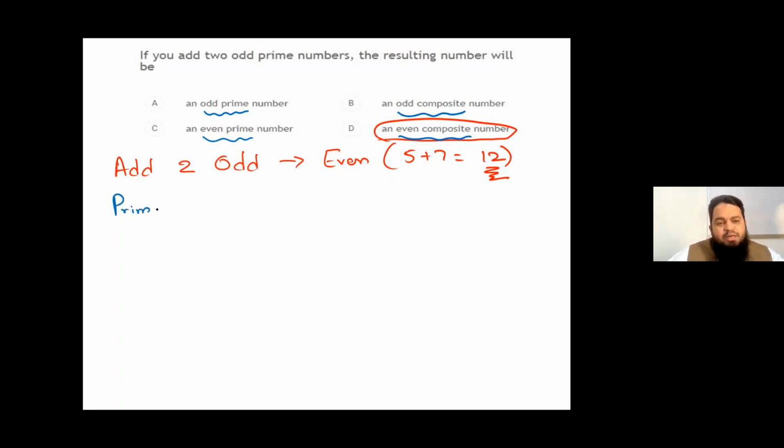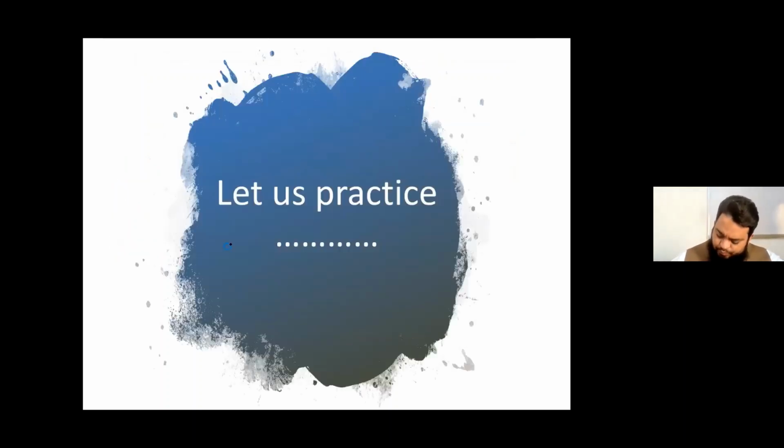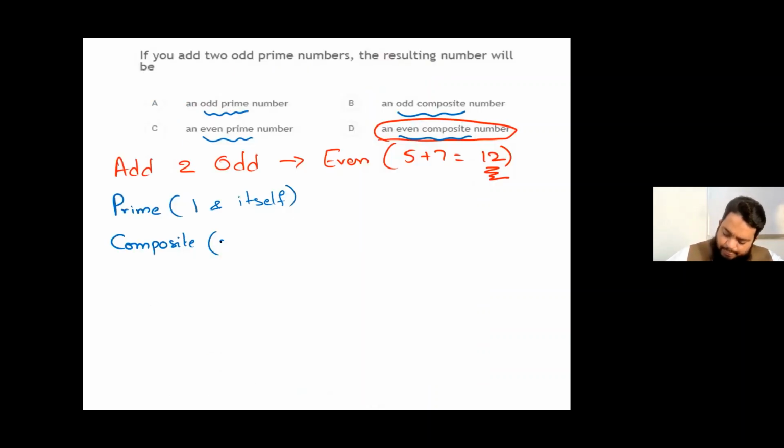A prime number is a number which has factors one and itself, right? Now what are composite numbers? Composite numbers have factors other than 1 and itself.